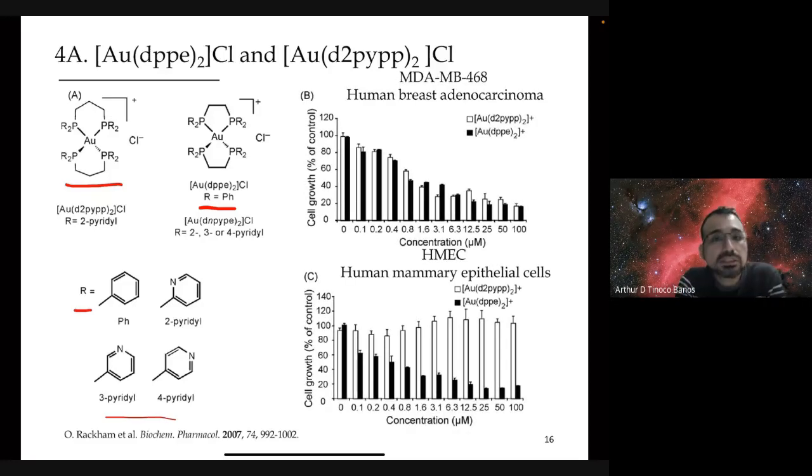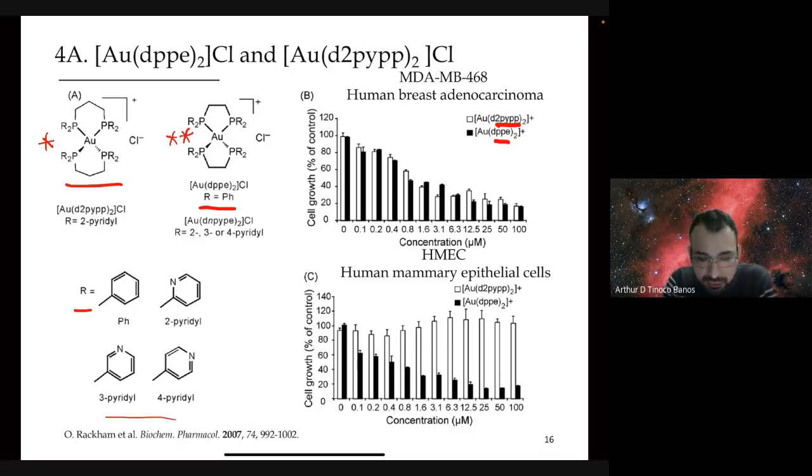Let's look at the differences between the compound to the left versus the compound to the right. We're looking at gold D2PYPP versus gold DPPE.